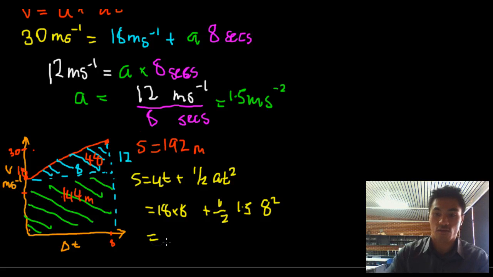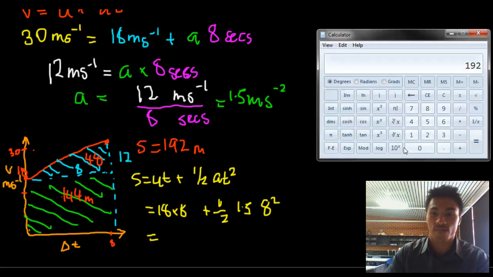If we do those values there, 18 times 8, which is our 144, and we have a half times 1.5 times 8 squared, which is 64.